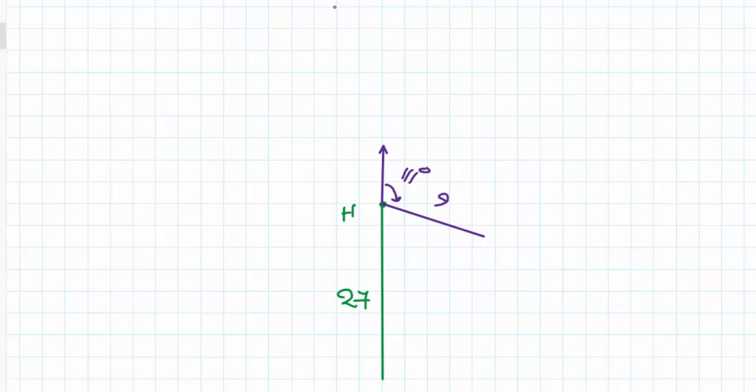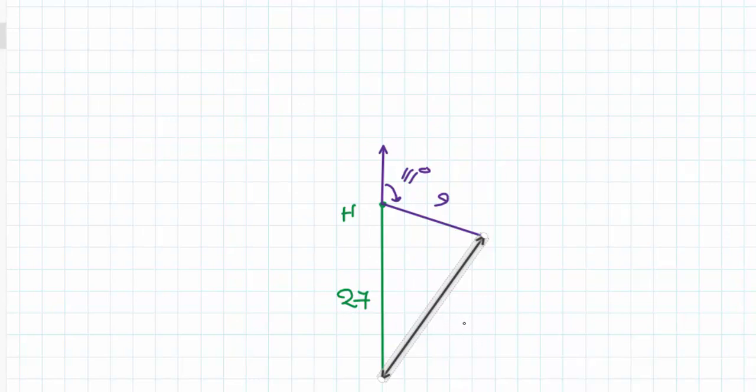Now we have something like a triangle. Two sides are given. We're going to get the angle between them by using this given angle and start using the cosine rule. Now this line is 9 meters and this one is 27 meters.